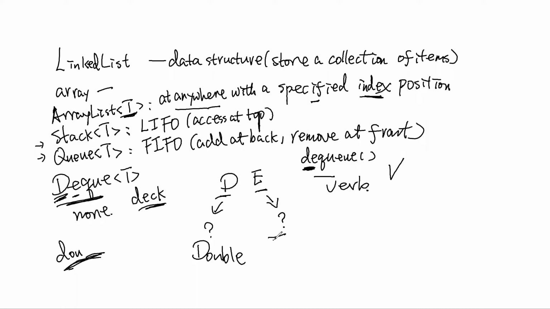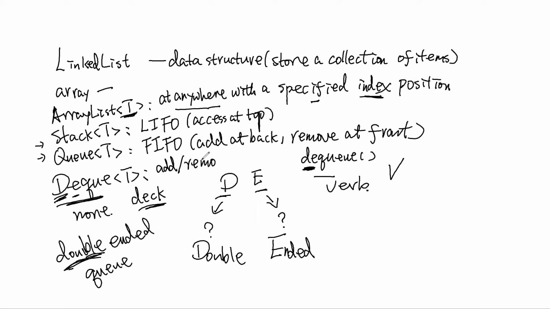Double-ended? Yeah, very good, double-ended. So this is a double-ended queue. It has some similarity to a queue, but it has queue performance on both ends, so you can do add and remove at both ends.